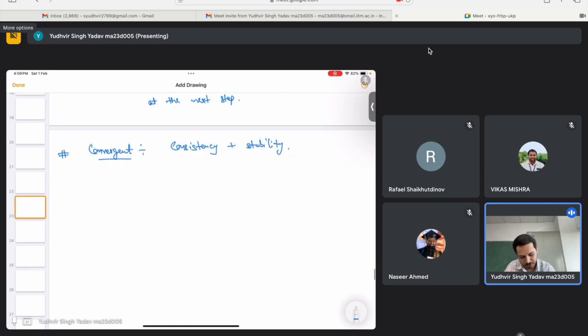There is one theorem also. I don't know if you have discussed it or not. It is an important thing, that is the Lax equivalence theorem.